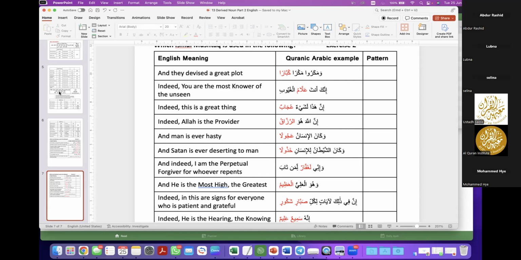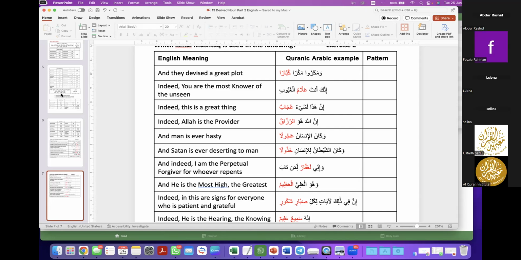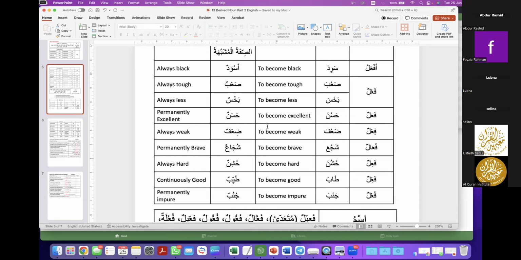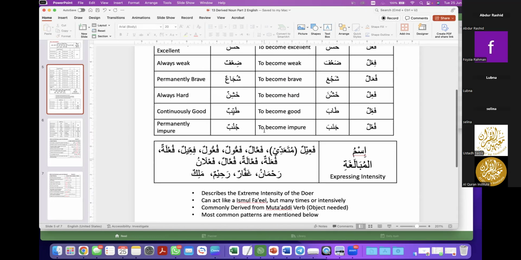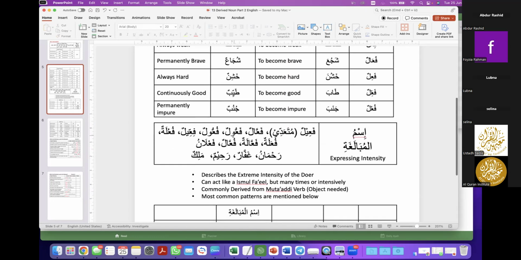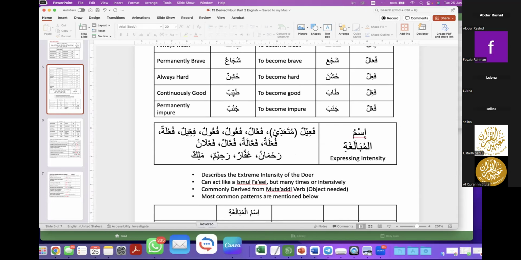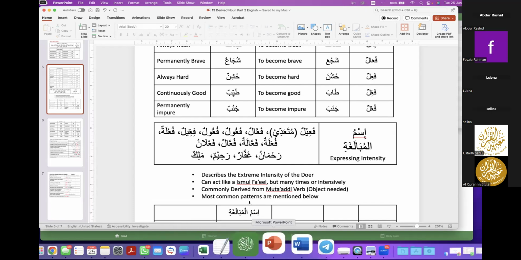It's mubalagha, and it is the fa'ulun pattern. Let's look at this. Yes, fa'ulun pattern. Fa'ulun, ghafurun, shakurun. Second one, can you see? Yes. So now, brothers and sisters, this is the tip for you.